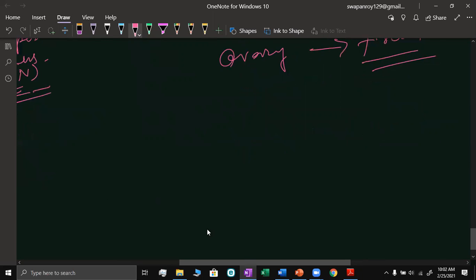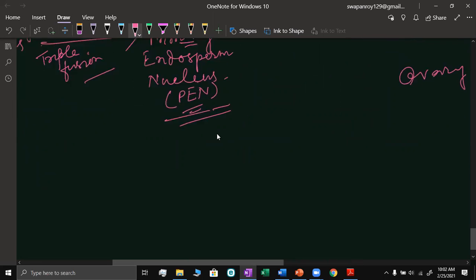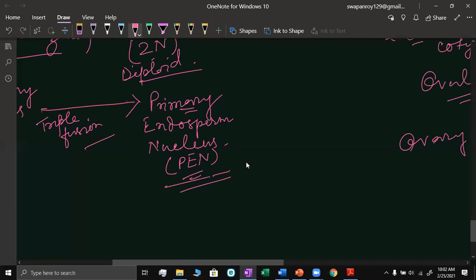The primary endosperm nucleus later starts division. It is a nucleus, then it divides, and after that the entire embryo sac undergoes division. It forms a mass of tissue known as endosperm.